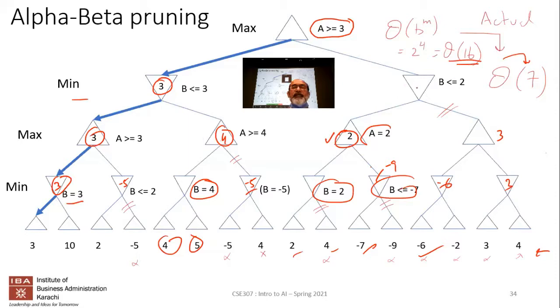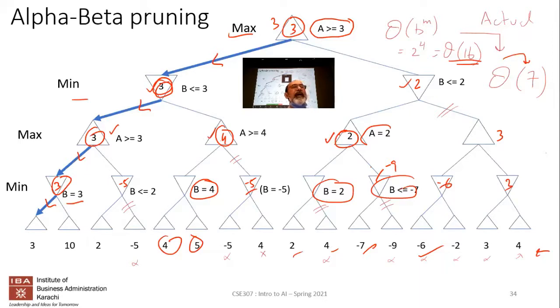The min is going to select 2 over here. And over here, the min is going to be between 3 and 4, which is going to be 3. So the max is going to select either 3 or 2. You can see the maximum value is going to be 3 over here. So the minimax algorithm is going to select this value, and you can see that it got the optimal solution. This was sort of an optimal solution because the first path actually gave the right result.